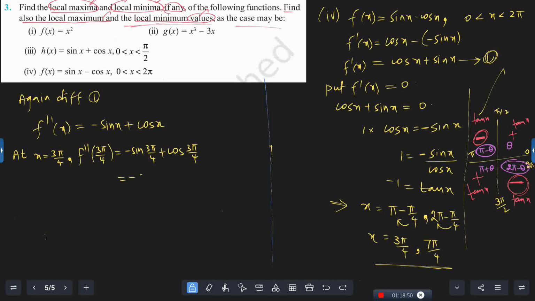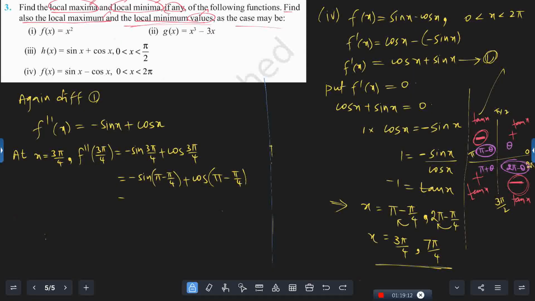Okay. How can you write 3 pi by 4? Pi minus pi by 4 you can write. Cos also, pi minus pi by 4.